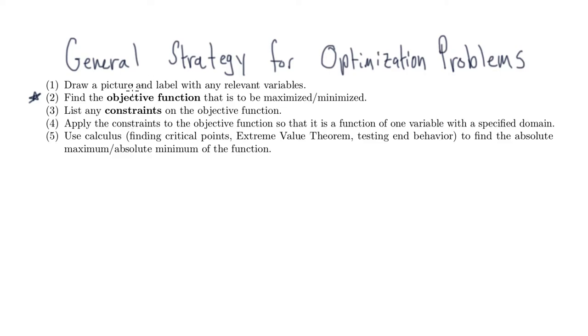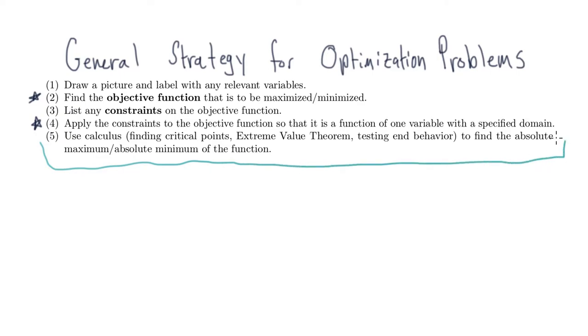And now this is the last step in converting this word problem into a pure calculus problem. The last step is just to use calculus. In fact, step 5 is something that we've done several times.